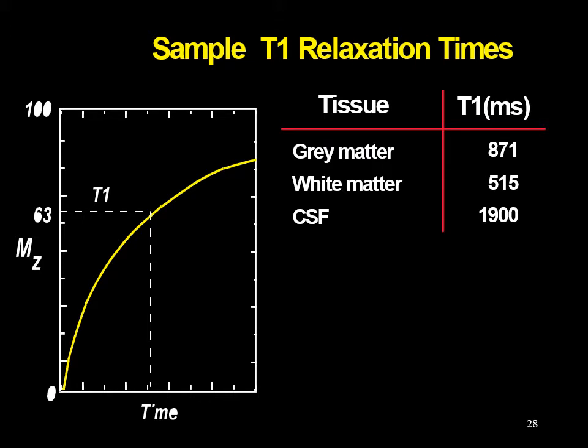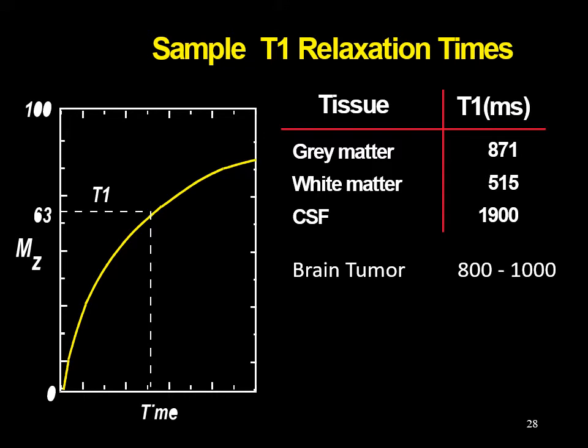So typical T1 relaxation for gray matter is on the order of 800 to 900 milliseconds, white matter 500 to 600 milliseconds, and CSF around 1900 to 2000 milliseconds, all about a factor of 10 slower than the T2 decay process.